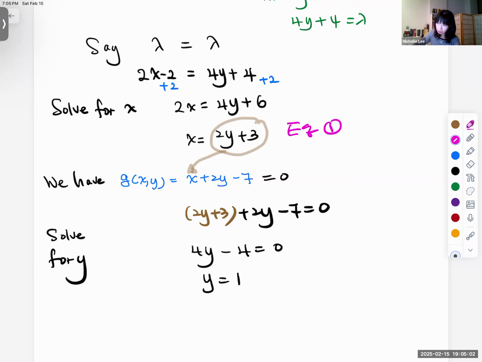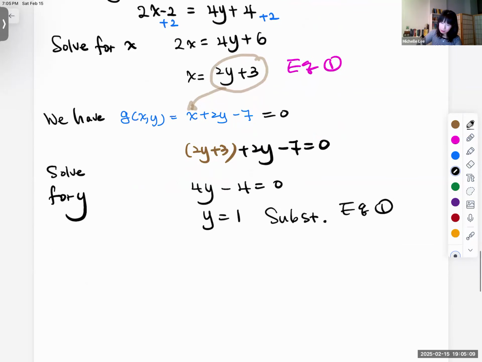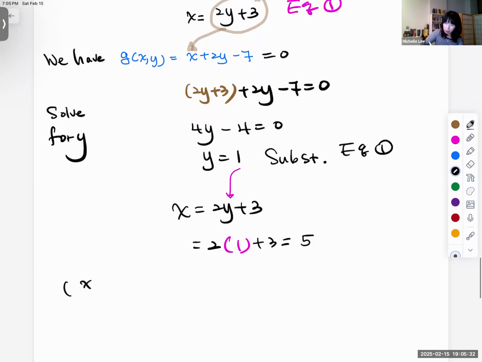So substitute into equation number 1. So we have x equal to 2y plus 3. So we will get 2 times 1 plus 3, which is 5. Okay, so x and y, then we get x equal to 5, y equal to 1, right?